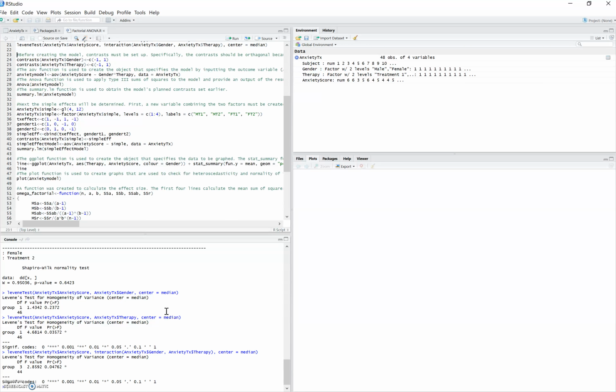So I'm going to use type 3 sums of squares, which means that I have to set up contrasts that are orthogonal in nature. So these next two lines of code here, I'm doing exactly that. I'm setting up the contrasts for both gender as well as therapy.